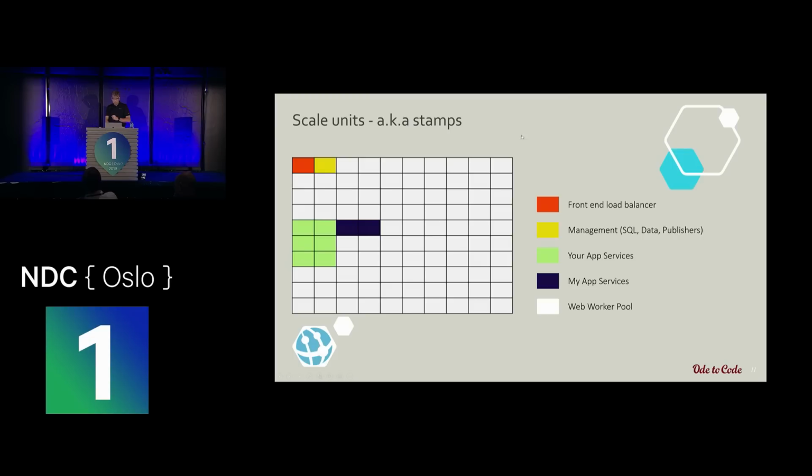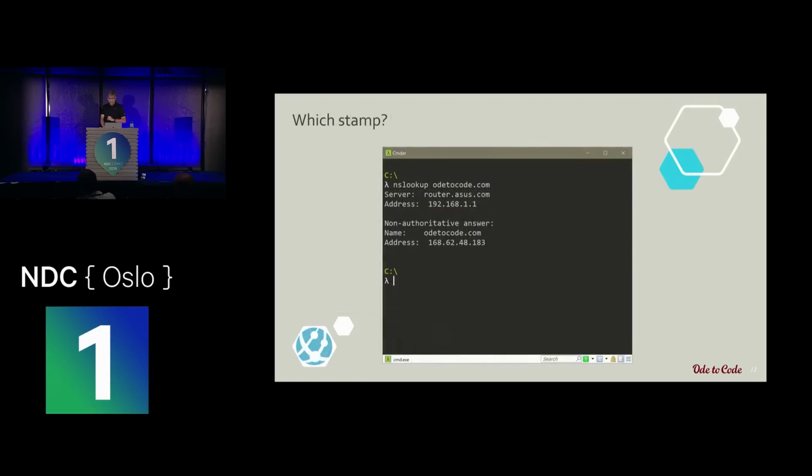But in a stamp that would be underutilized, the rest of these blocks are just ready to go. They're ready for you to scale up or ready for me to scale up. They're just warmed up VMs that are ready to take your code, start receiving requests, and start executing. This is important for some specific scenarios that come up inside of Azure. It's just important to know about this architecture.